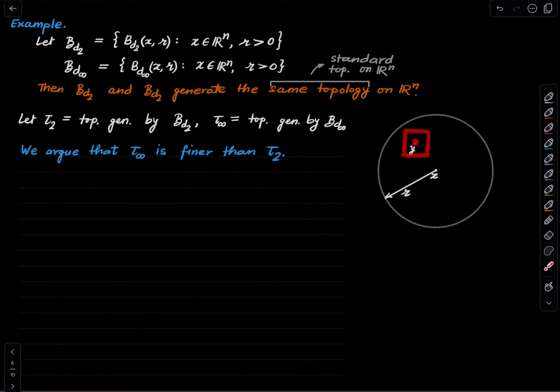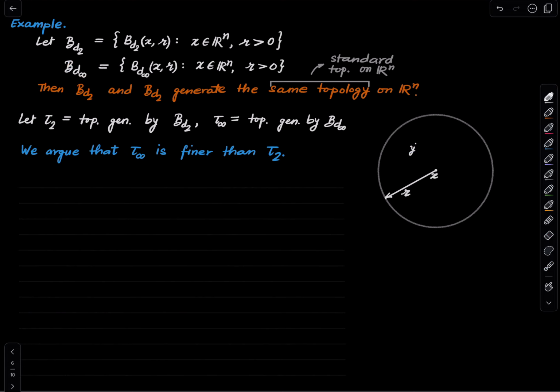If you take this point in this circle, then a small enough square with y as the center will fit inside it, right? And that is basically the proof. That is how we are going to go about it. So basically we want to show that there is some element here which contains y and is contained in the ball. So that is the next thing, and it's not hard to do.